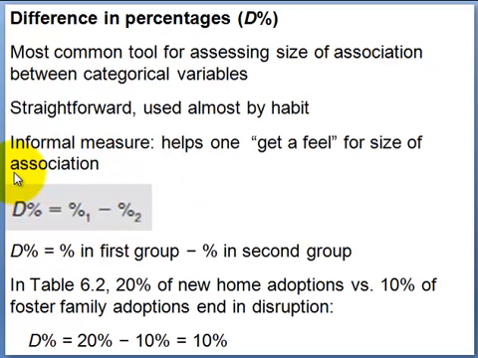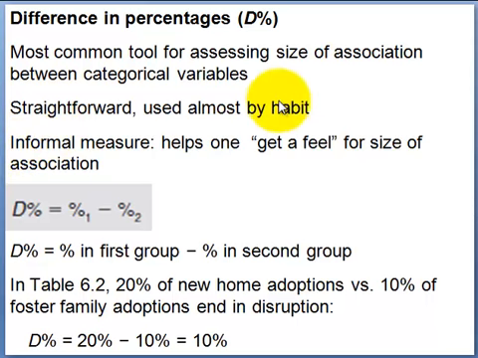So let's look at some tools for assessing size of relationship between two categorical variables. The most common tool is the difference in percentages. This is a straightforward tool, or we could say measure, of size of association, and it's an informal measure. It does a particularly good job of helping one get a feel for size of association between categorical variables.